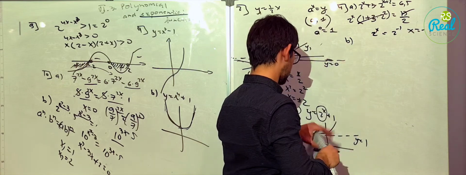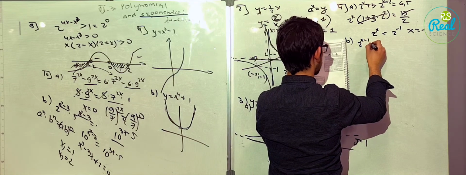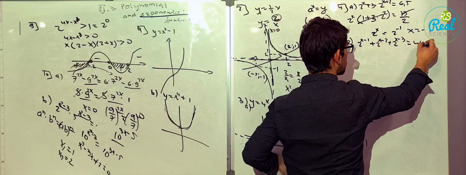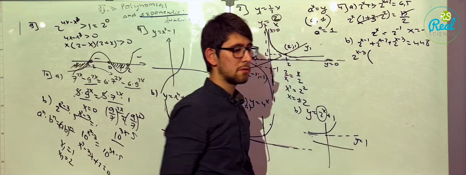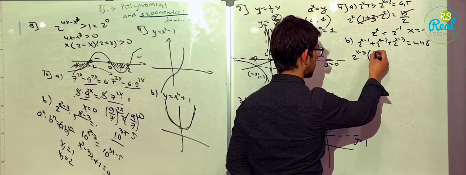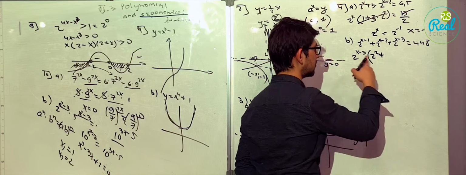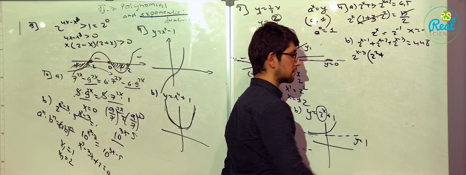B part. 2 to the power of x minus 1 plus 2 to the power of x minus 2 plus 2 to the power of x minus 3 equals 448. If you are taking 2 to the power of x minus 3 out of the bracket, what are you left with from the first one, Farangis? 2 to the power of 2. Yes? Ilham, what are you left with from the second one? Yes, 2.